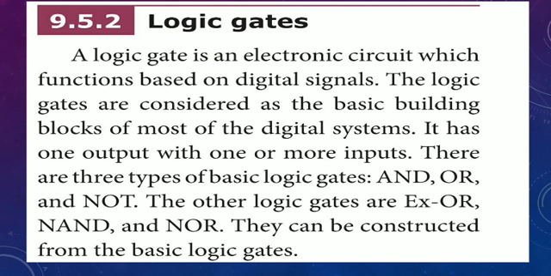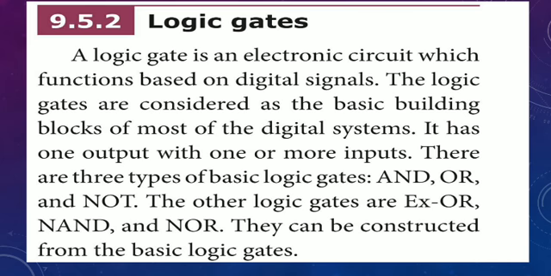It has one output with one or more inputs. There are three types of basic logic gates: AND, OR, and NOT. The other logic gates are XOR gate, NAND gate, and NOR gate. They can be constructed from the basic logic gates.